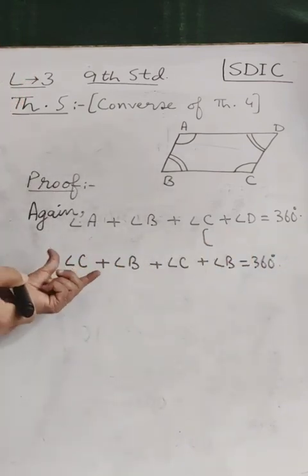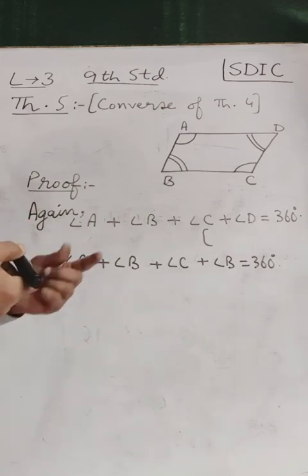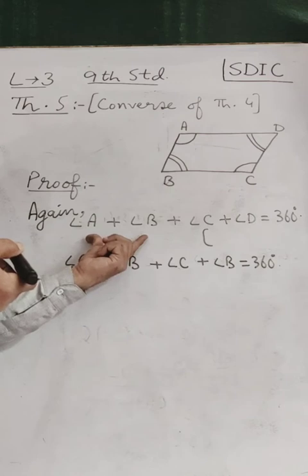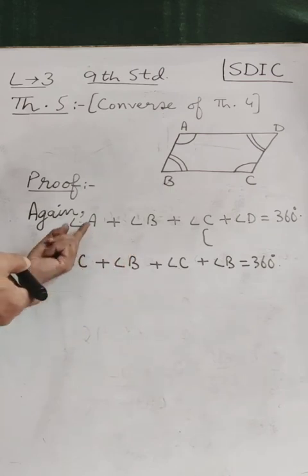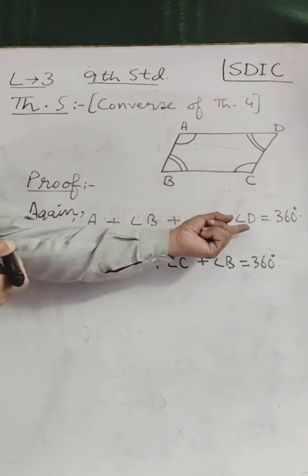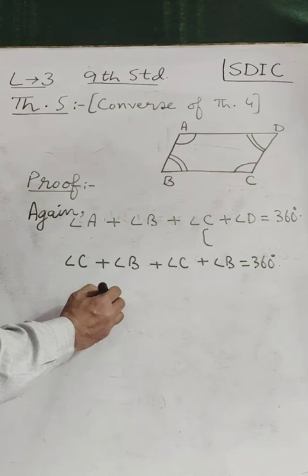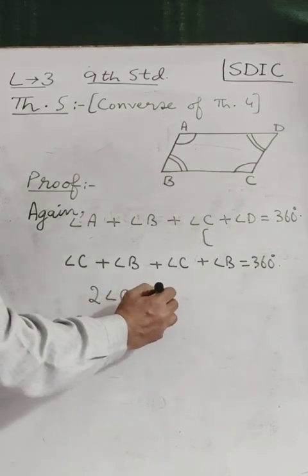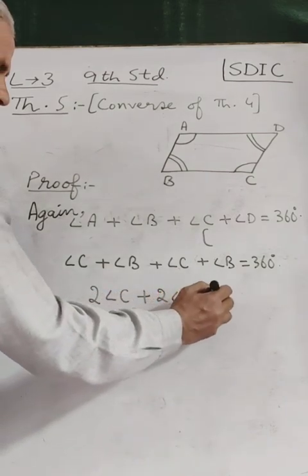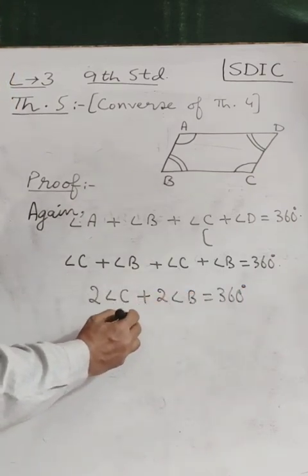Only we have eliminated differently this time. Out of the two angles we eliminated in the previous case, only one will be eliminated. A we eliminated, B we did not eliminate. Instead we eliminated angle D. This time I have twice angle C plus twice angle B is equal to 360. Again 2 will be taken common.